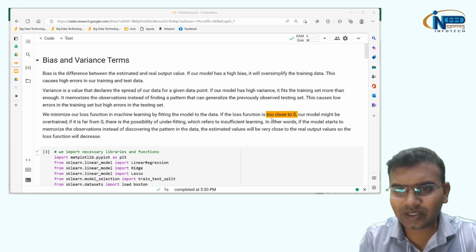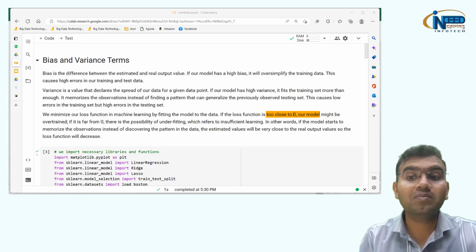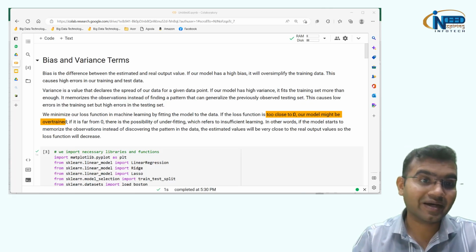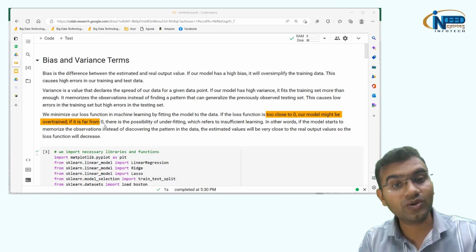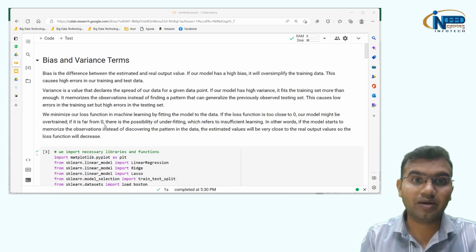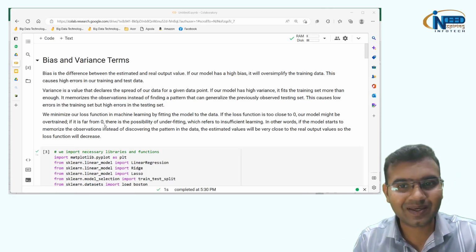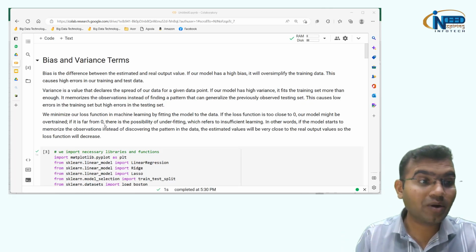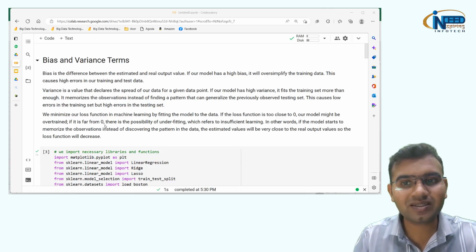Now, if the value is very close to 0, then the model might become overtrained. And if the value is very far from 0, then it might be a possibility of underfitting, insufficient learning. So both the cases are challenging. So therefore, we are talking about a generalized model. So what does a generalized model mean?